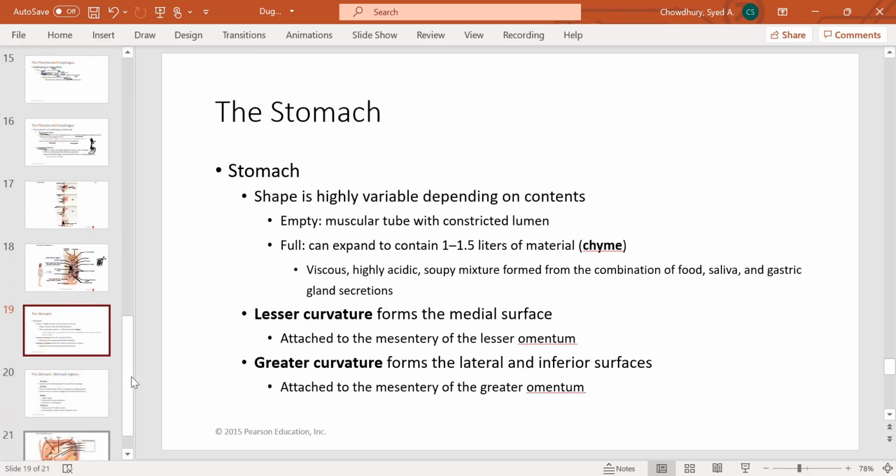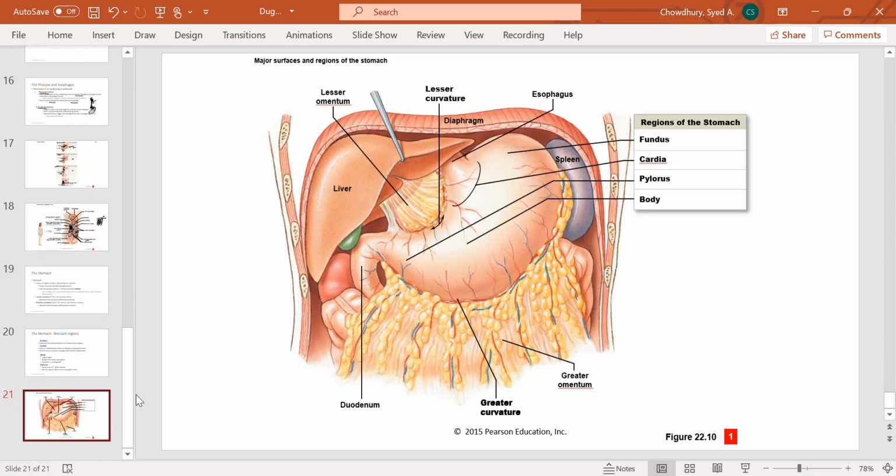Now if you see the stomach and the liver, after the liver is covered by the mesentery, it goes to the other side of the liver and forms the omentum. This is called the lesser omentum, the flat connective tissue membrane that connects the liver to the stomach.